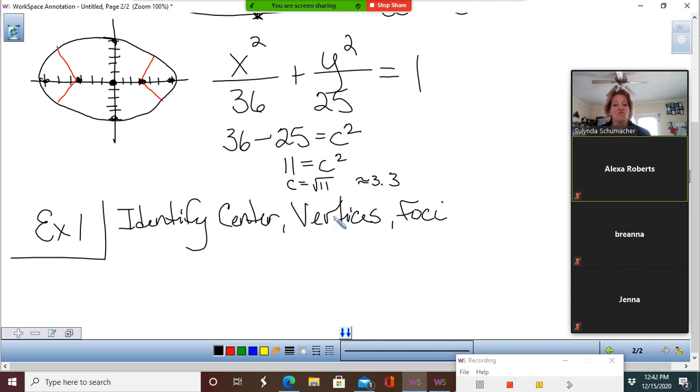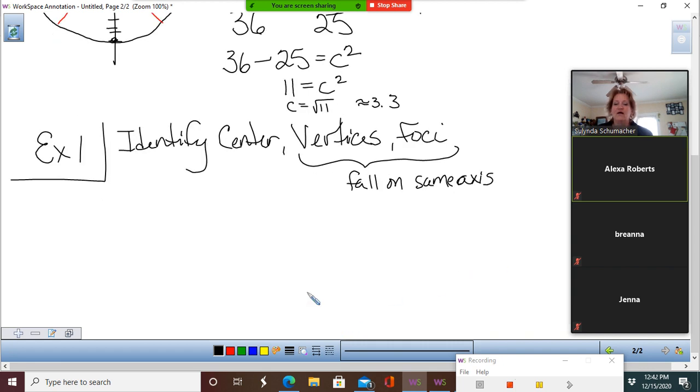Okay? Now, the reason I'm saying that is because the foci and the vertices fall on the same axis.